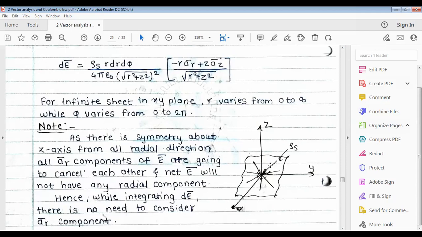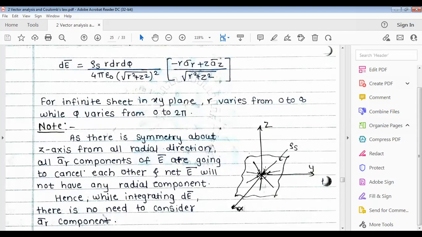Now when we consider the radius of the cylinder, here you can consider this sheet in the x, y and z plane. When we consider the radius of the cylinder, it is in all directions.